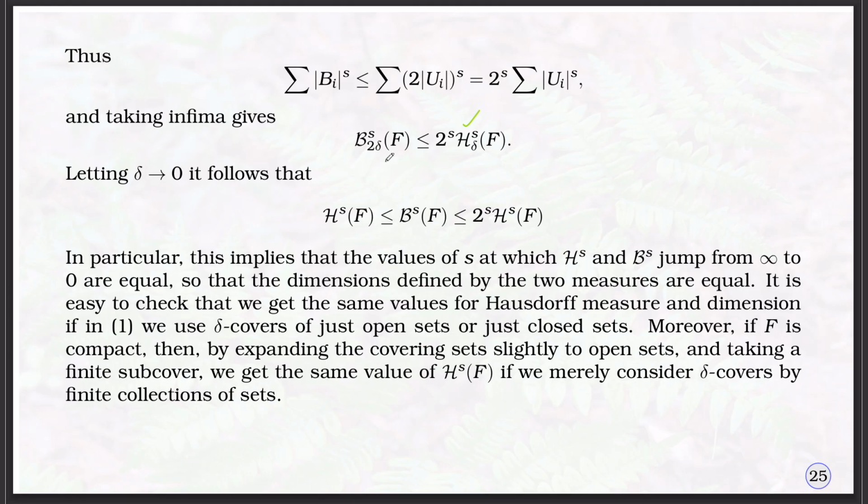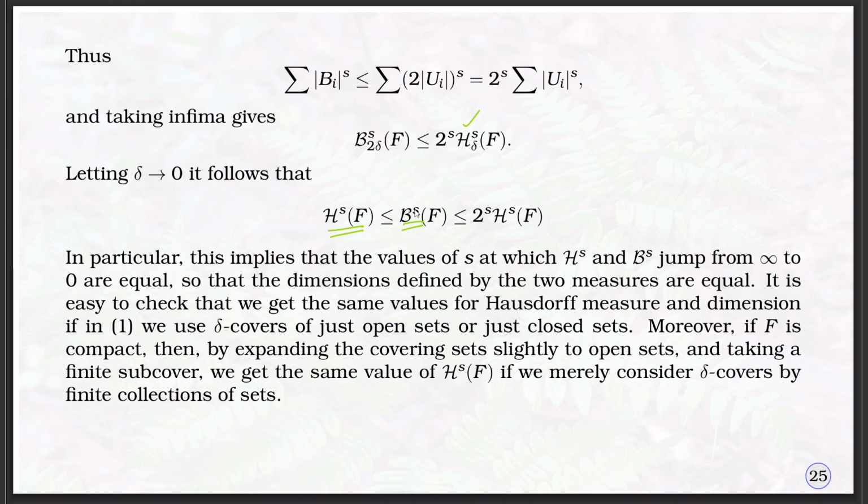If delta tends to 0, it follows that H^s(F) is less than or equal to B^s(F), which is less than or equal to 2^s times H^s(F). In particular, this implies that the values of s at which H^s and B^s jump from infinity to 0 are equal, because B^s is bounded by H^s(F) and 2^s times H^s(F).